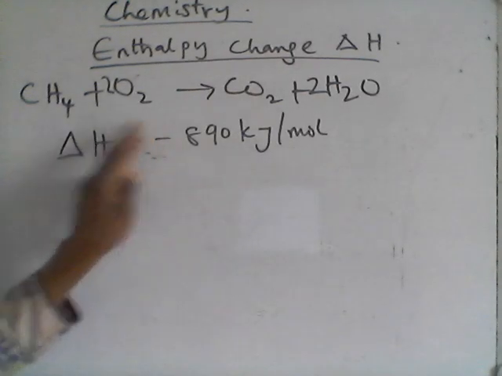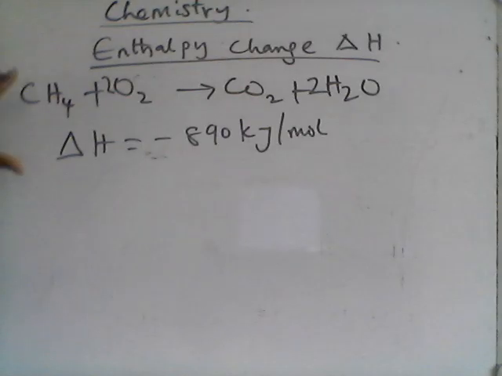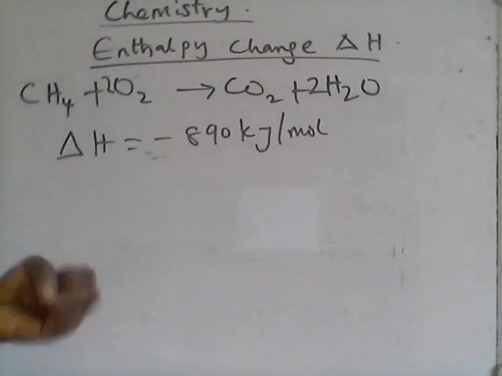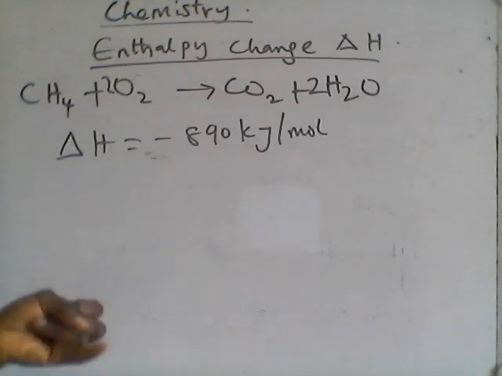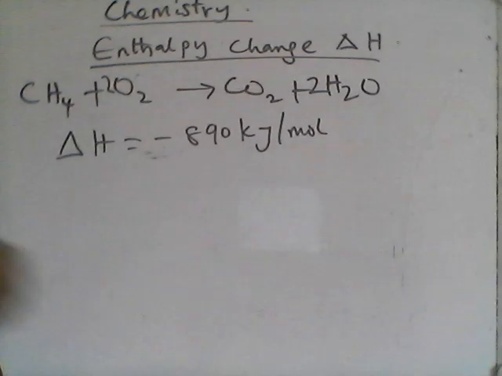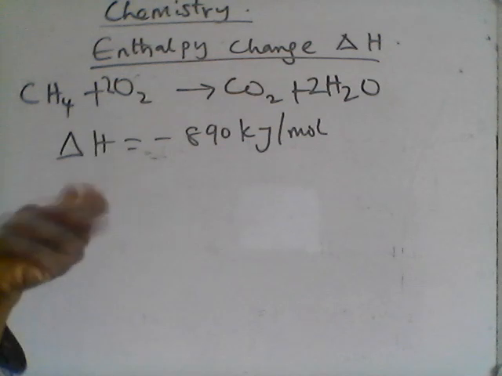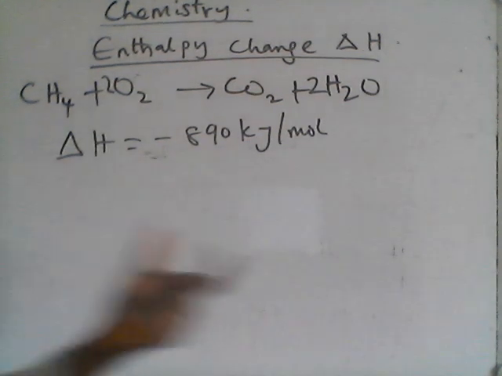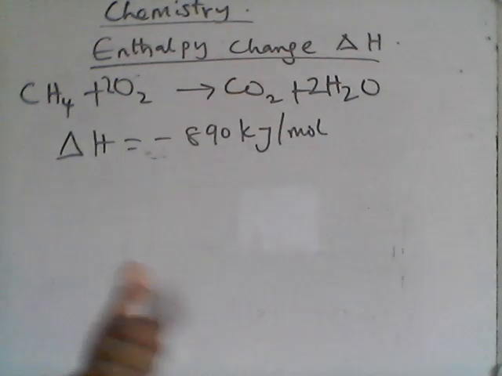We all know that this is a combustion reaction, the enthalpy change is negative, and the reaction is exothermic. See the terms I'm using: the type of reaction, exo or endo. Exo is out: the heat energy is given out. You understand? And endo absorbs energy from outside.